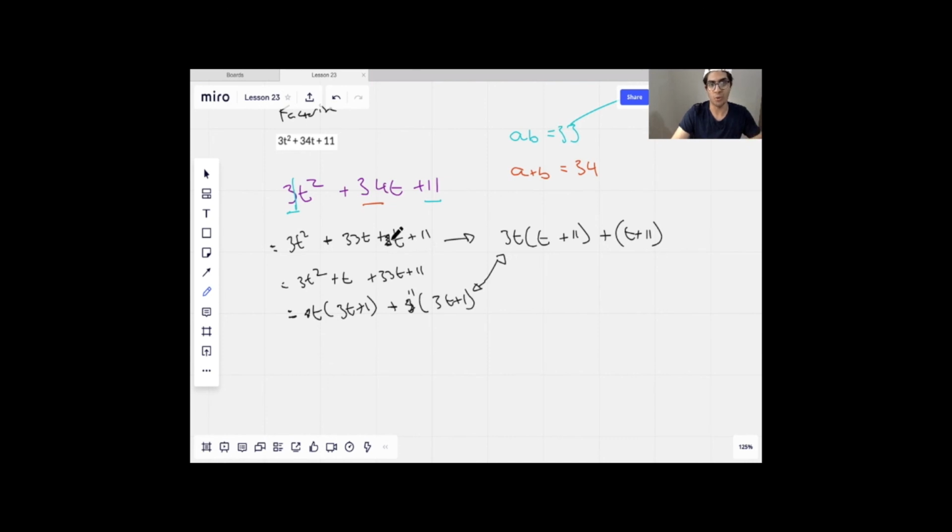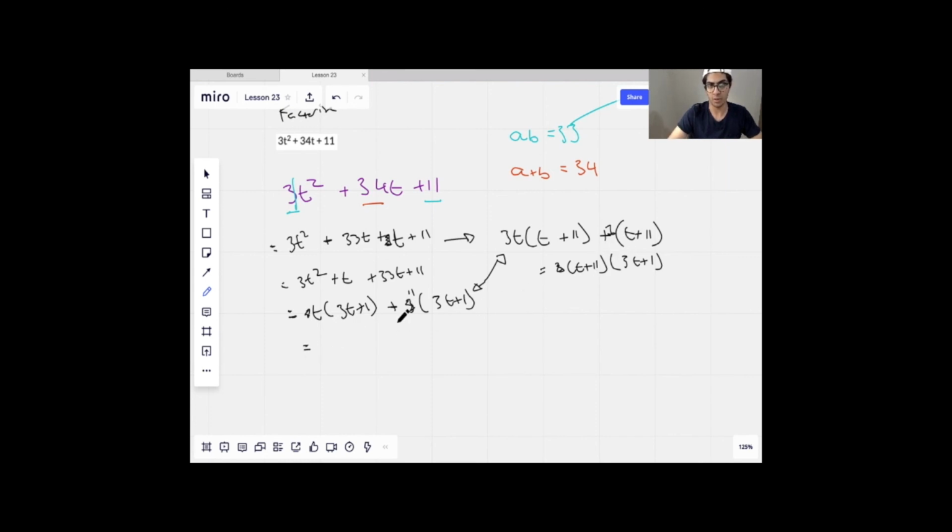So when there's a 1 here, life's a bit easier. This can factorize because there's a 1 here, right? So this will become t plus 11 times 3t plus 1, because there's a 1 here, you don't write it, but it's there.